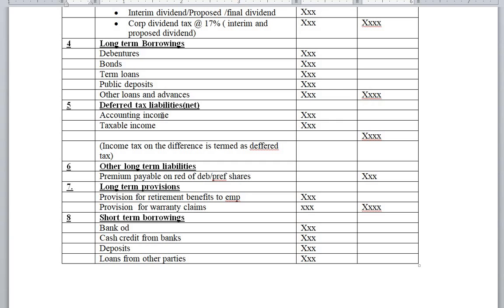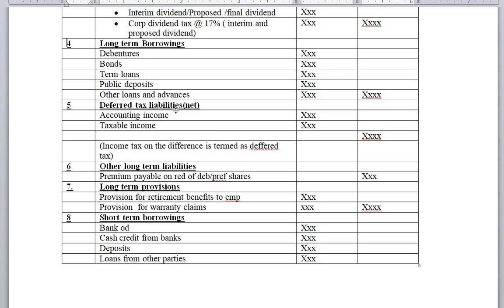Okay, and the next item given there was deferred tax liability, the net amount. What do you mean by deferred tax liability? Every company will always have an accounting income and also a taxable income while filing ITRs. When you're calculating the taxable income and accounting income, if the taxable income is greater than the accounting income, the difference will be stated as deferred tax liability.